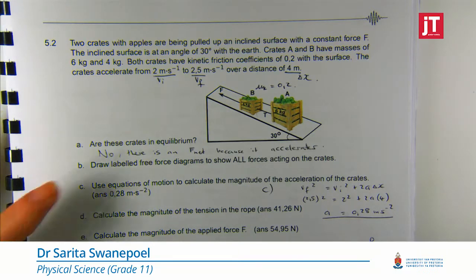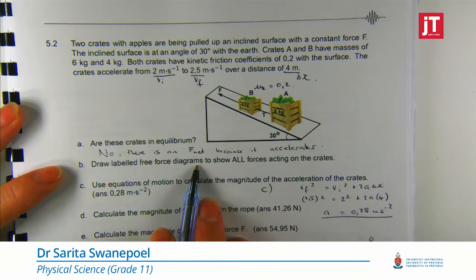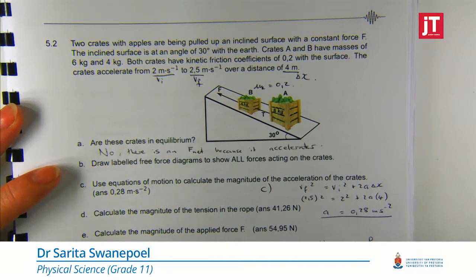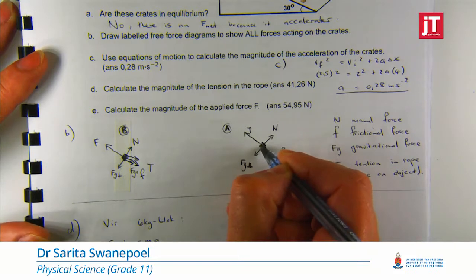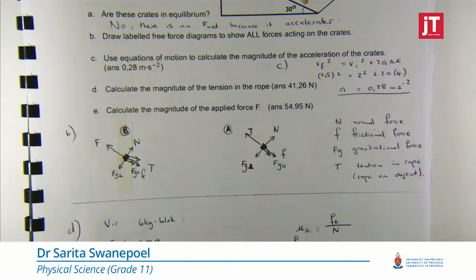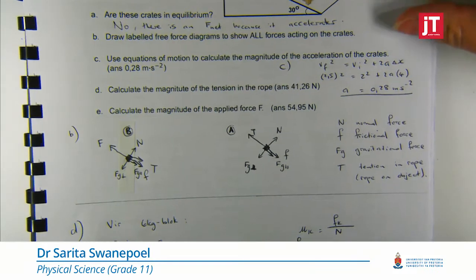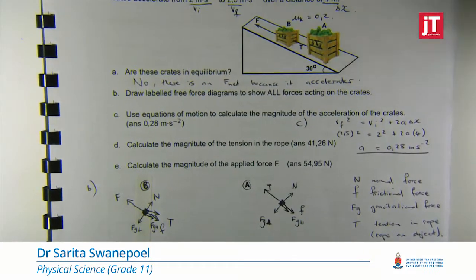Right, then they asked us to draw the labeled force diagrams. Now for force diagrams, you should actually have blocks there, and I drew a free body diagram, so this is not totally correct. But the important thing is you have to have every single force correct. If you had one force missing in your picture, then the answer could not have been correct. So the first thing is draw gravity, but put the separate components for gravity.